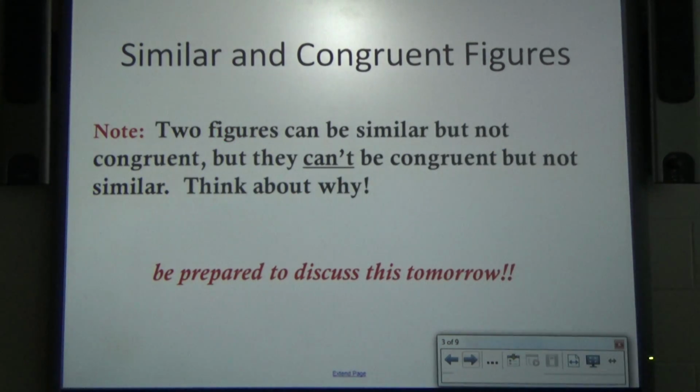So with this one, we have to be very careful about how we think of this. They can be similar and not be congruent, but there's no way to be congruent without also being similar. And I want you to think about why and see if you can come up with an explanation and bring it to class tomorrow, and we're going to talk about why this is true.